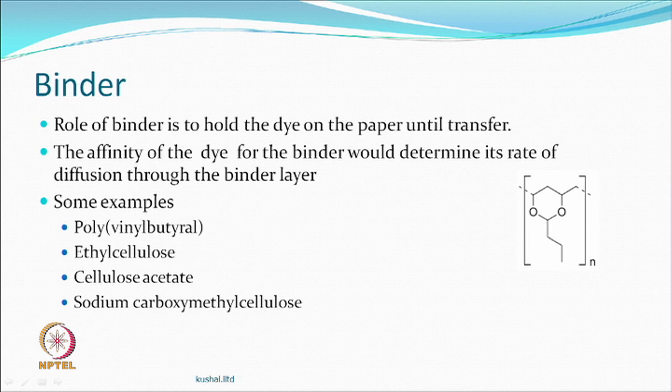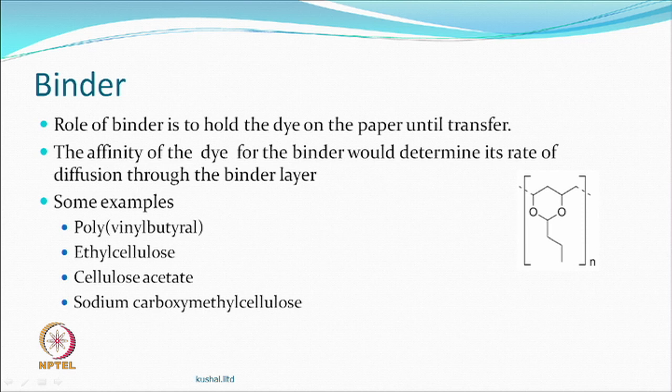So, it is also expected that this particular type of a binder would not have affinity for the dye, and if it has no affinity for the dye, then the diffusion through the layer would also take place in a faster way, and much less will be retained in the polymer layer which we have.